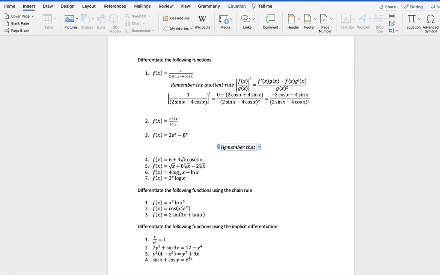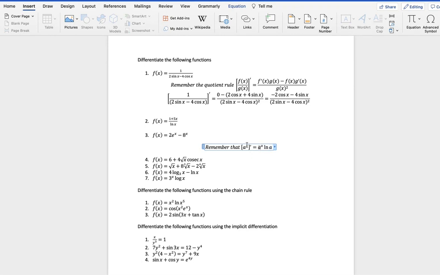Remember that when you're trying to find the derivative of some constant a to the exponent of x, you have that it's equal to the same thing, so you rewrite the same thing, a to the x, then multiplied by ln of a.